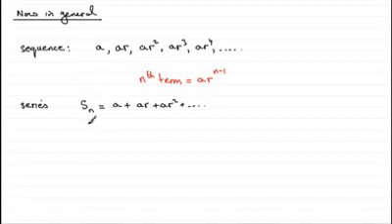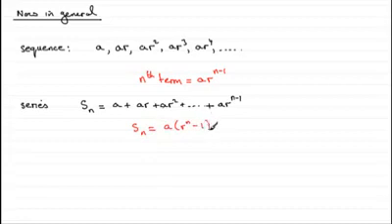It's the sum of the first n terms. So this is going to go all the way up to ar to the power n minus 1, the nth term being ar to the n minus 1. And it can be shown that the sum of the first n terms in a geometric progression is given by this formula, a bracket r to the power n minus 1 all divided by r minus 1.